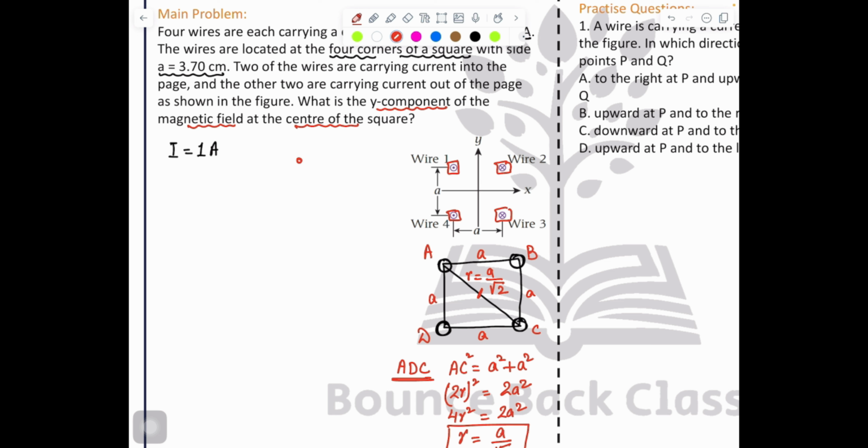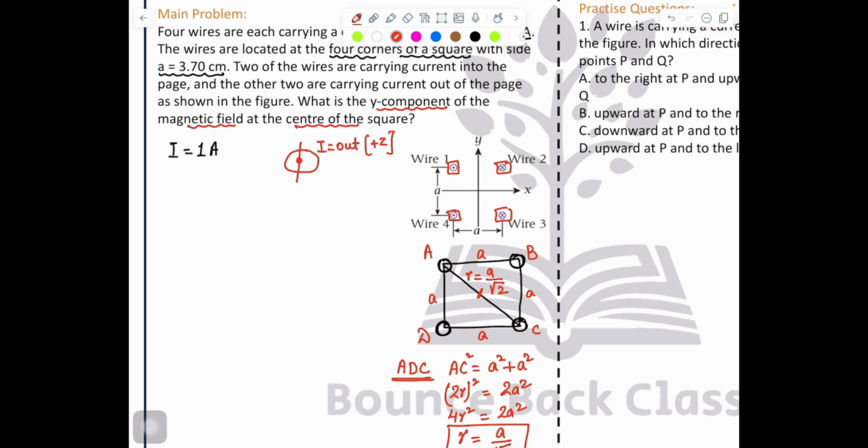Let's say this is the dot. This is your wire. It means current is outside. Out means plus Z. Make a circle. Now your magnetic field should be in circular form. So if it is outside, what should be the direction?